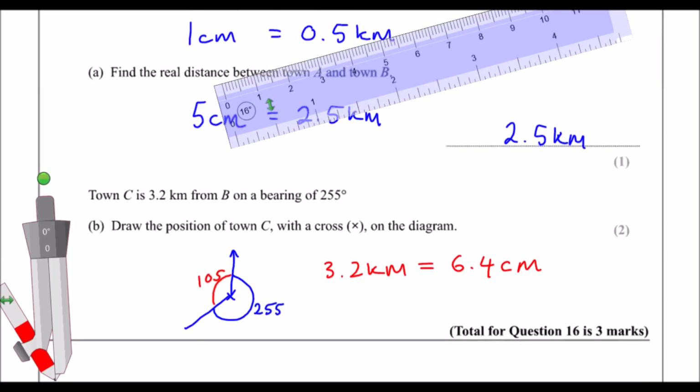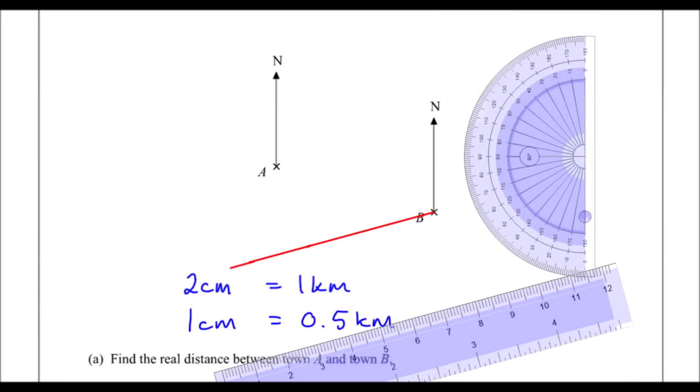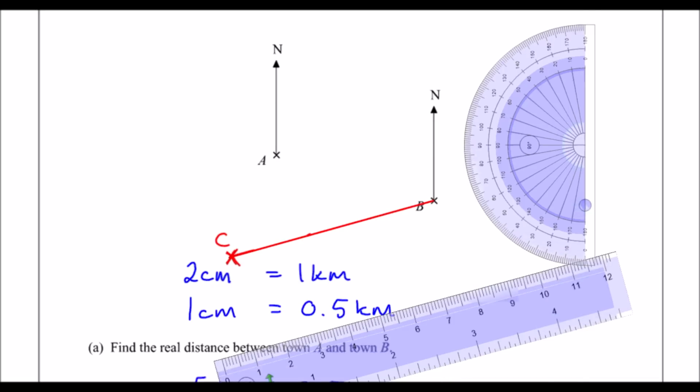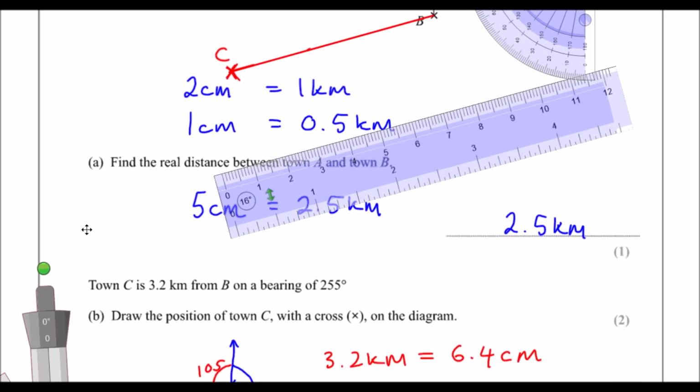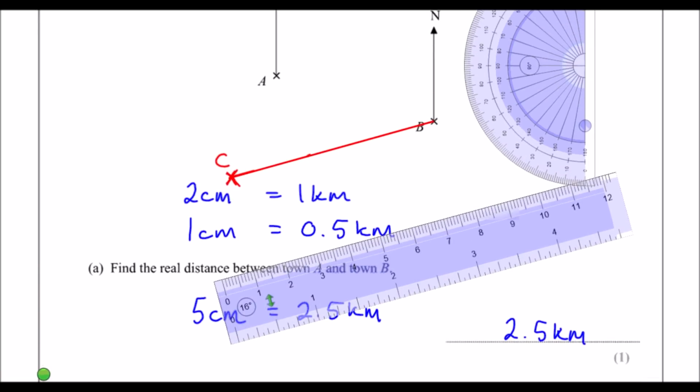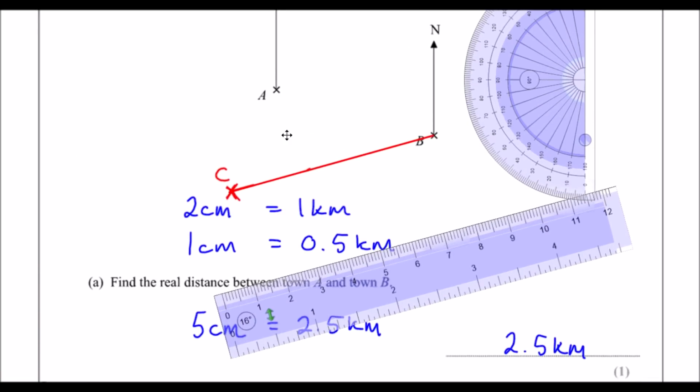We need to mark town C with a cross on the diagram. So that's town C. And if I can just extend that, town C is 6.4 centimeters on a bearing of 255 degrees from B.